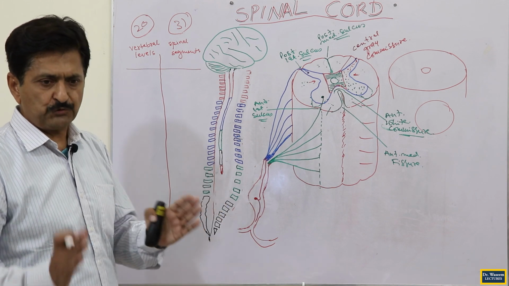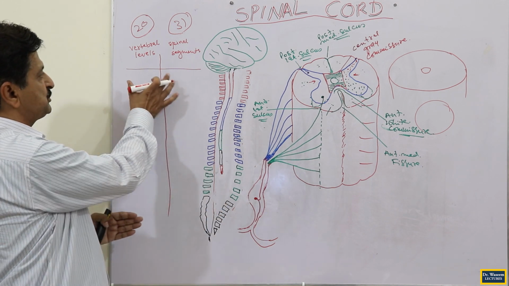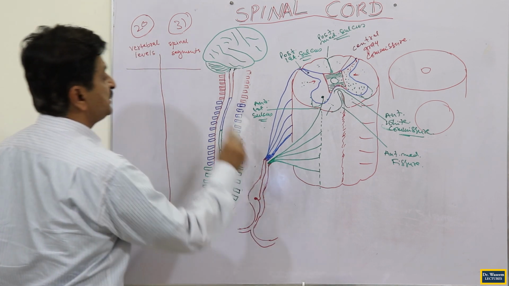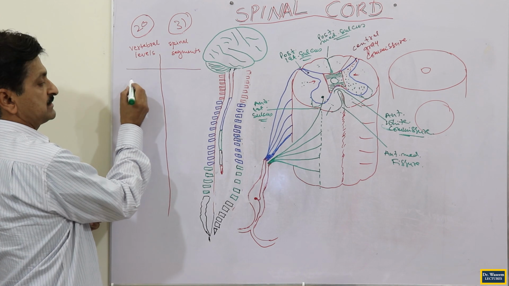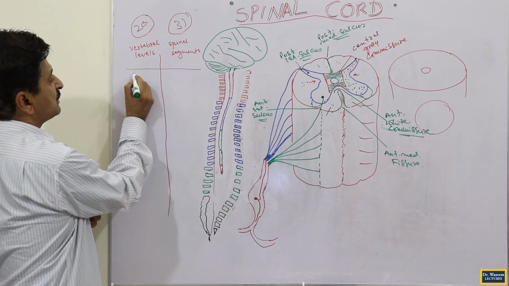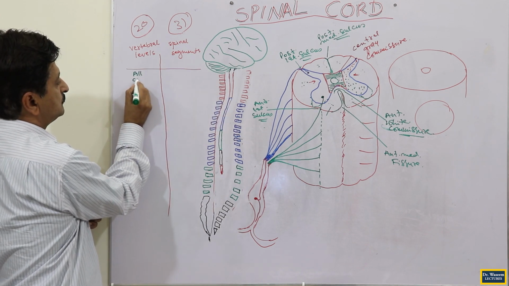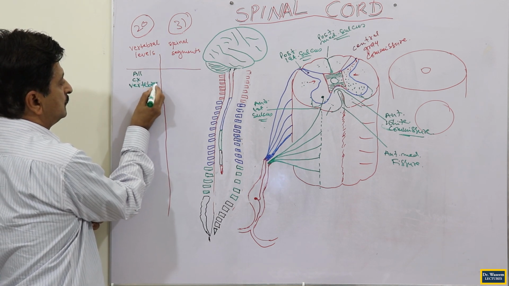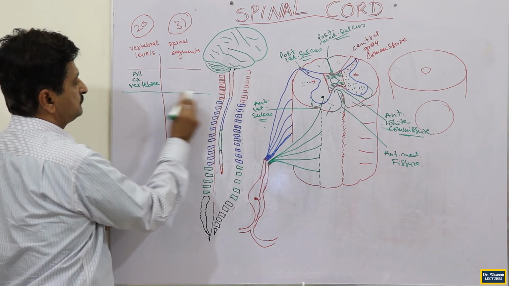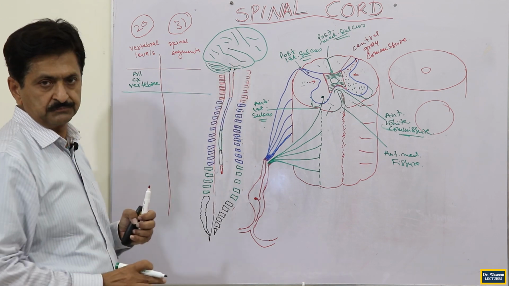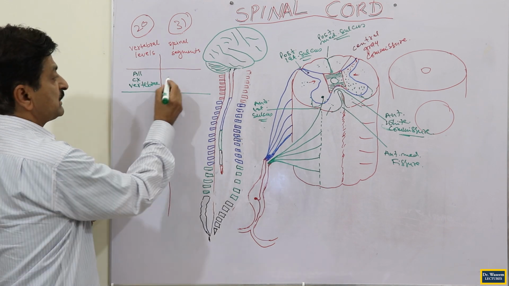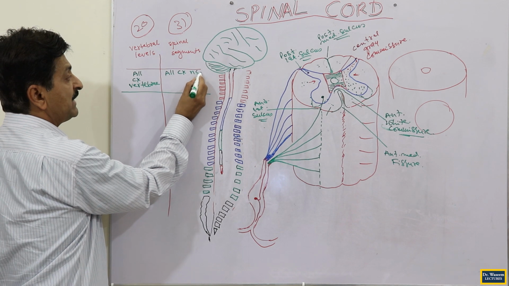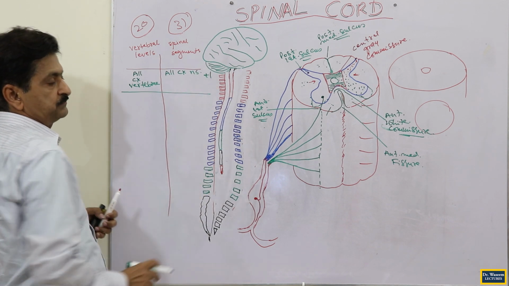For this purpose, you have to remember a very simple formula for vertebral levels. First of all, initially you consider the cervical region: all cervical vertebrae. Among all the cervical vertebrae, the segments will be all cervical nerves plus 1.